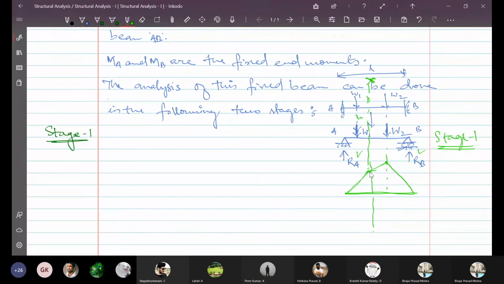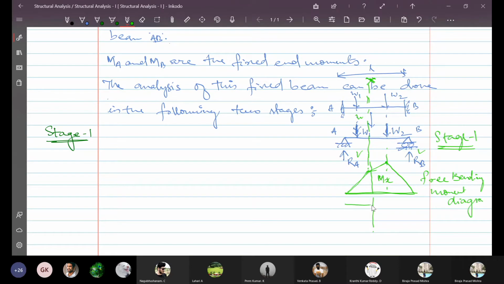So this one we are considering as Mx. Mx is the moment of the free bending moment diagram.